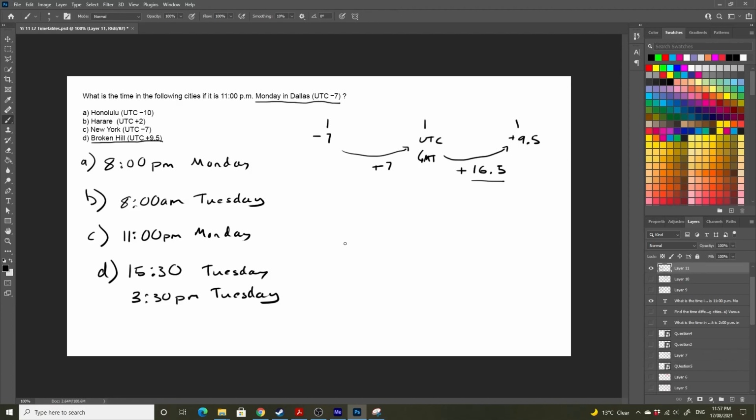And then all you have to do is add it back using 12-hour time or 24-hour time or whatever it specifies the answer is in.